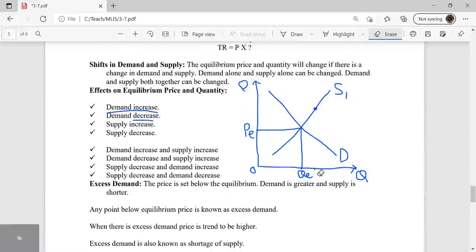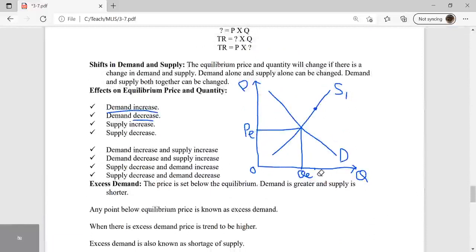That's the equilibrium, right? Suppose there is a recession, just like the current situation, maybe because of the pandemic. The country is suffering from recession.